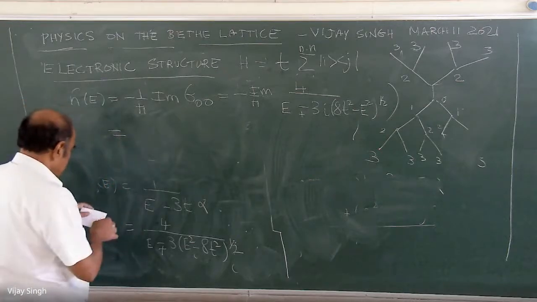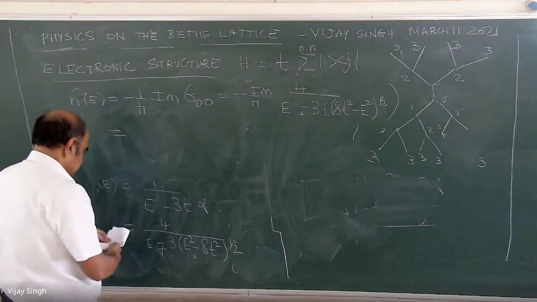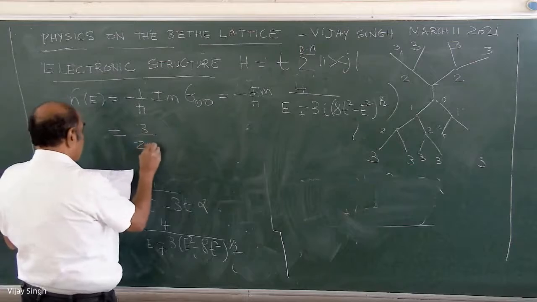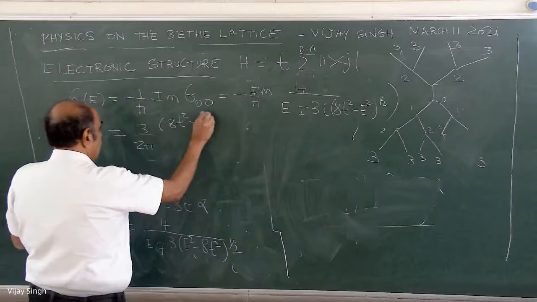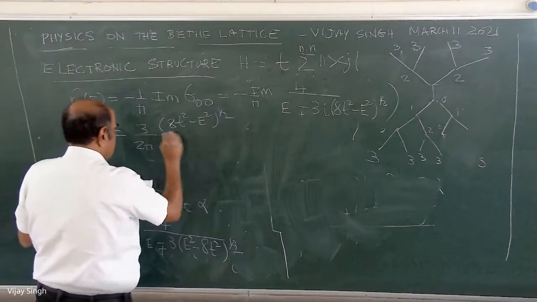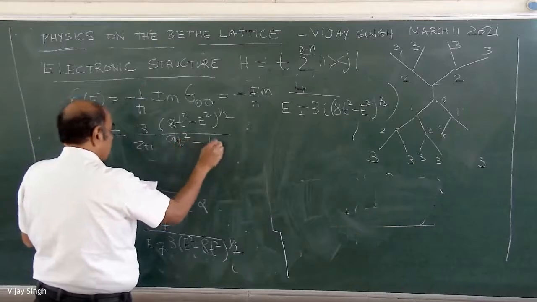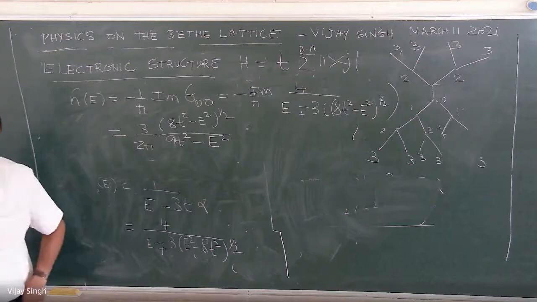Once again, the answer is simple. I mean, you can work it out. You simply get 3 by 2 pi, square root of 8t square minus E square, over 9t square minus E square. It's an interesting structure.